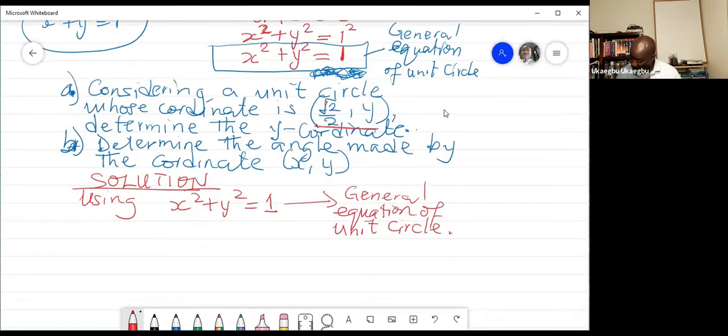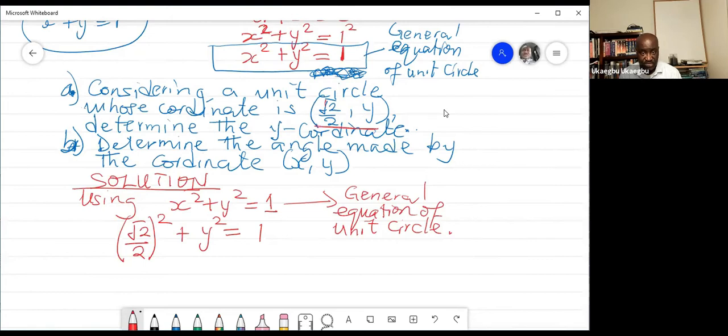So the x is square root of 2 divided by 2. So you're squaring everything. And that's plus y squared. And that's equal to 1. Okay? So now in this problem, we are going to solve everything and leave it as a fraction, the way the coordinate system was given to us.